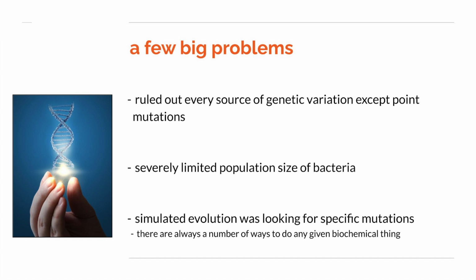Additionally, their simulated evolution was looking for specific mutations, which is not how evolution works. Evolution is not aiming for a specific target. Here, it's important to note that there are always a number of ways to do any given biochemical thing. It's practically never the case that there's only one way to carry out a particular function.